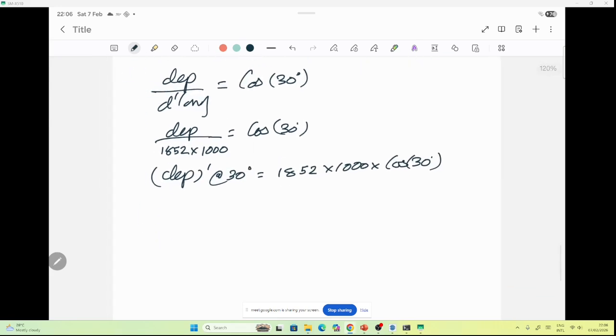Are we clear? So we can easily find out that at 30 degrees, 1 minute of D long is equals to this amount, right? So the actual distance of 1 minute of longitude is this, okay? So let's see how much it is. Can you use your calculators and find out how much it is?